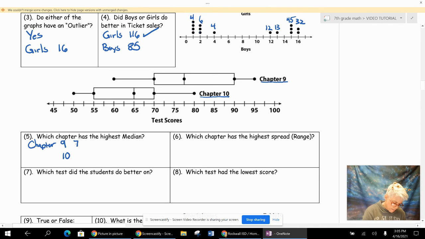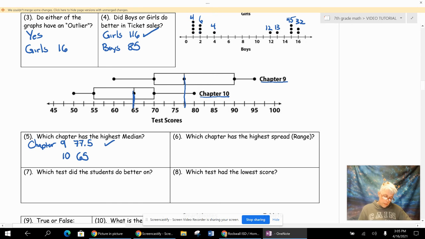I don't really like that, but I'll go ahead and write it. Looks like it's 77.5. And for 10, the median is at 65. So chapter 9 is the winner on that one.